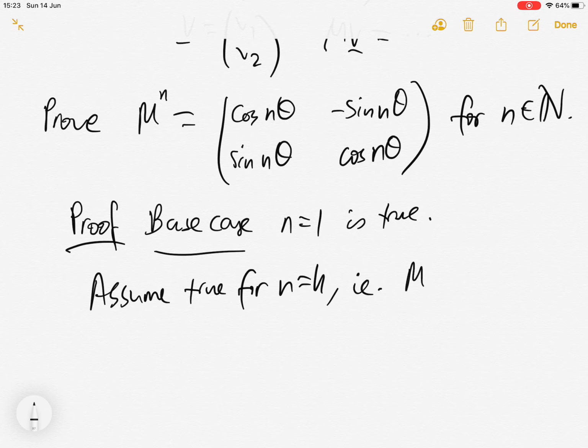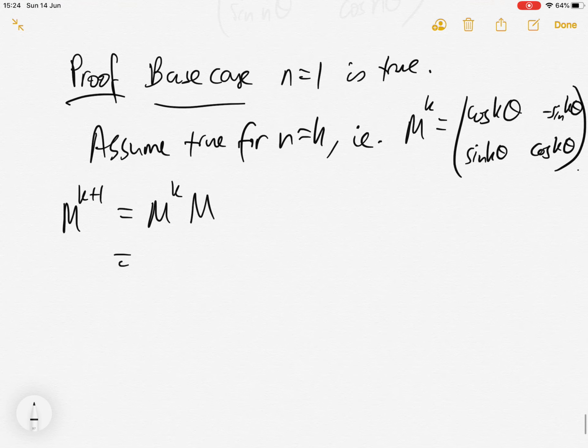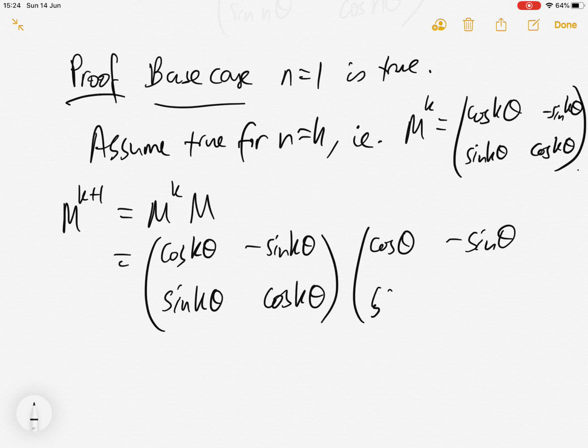So we're assuming M to the k is cos k theta, minus sine k theta, sine k theta, cos k theta. And then we'll look at M to the k plus 1, which is M to the k times M, which is this matrix times M, and then we have a bit of work to do.